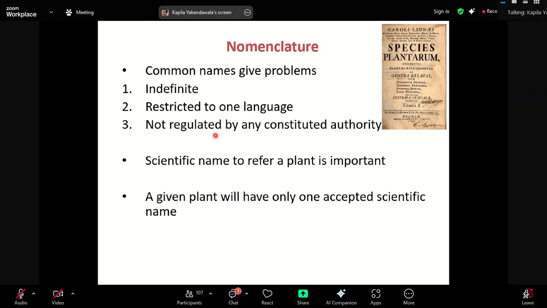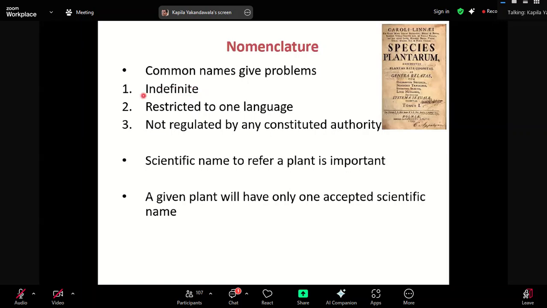But nobody is going to control. If you like to have your name, you can give it, and you can call it. But will it be acceptable for everybody? Even in your region, it will not be accepted. Internationally not acceptable because it is not regulated by certain rules and regulations.